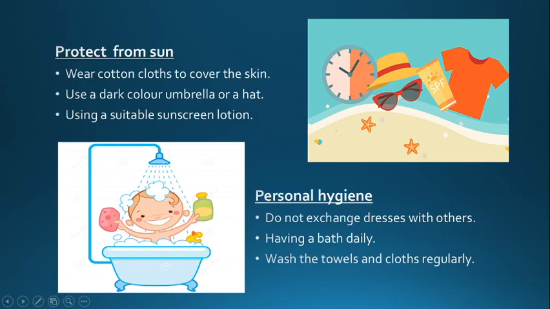But when selecting a sunscreen lotion, we have to be careful to use a well-known and reputed product, because these lotions can also be harmful if there are harmful ingredients in them.